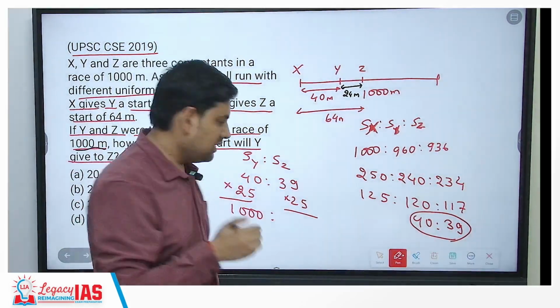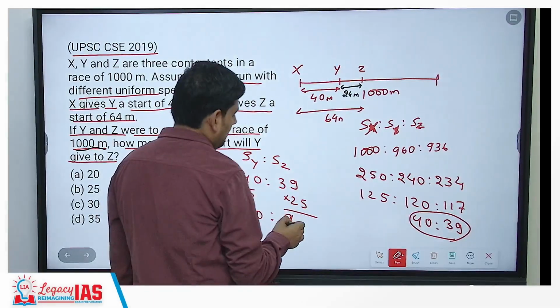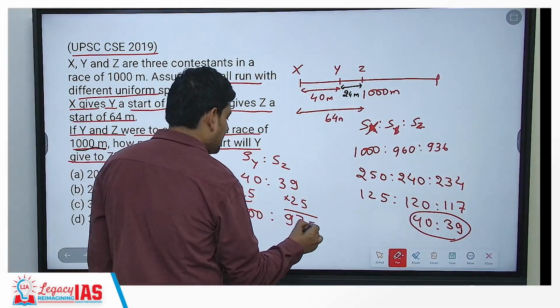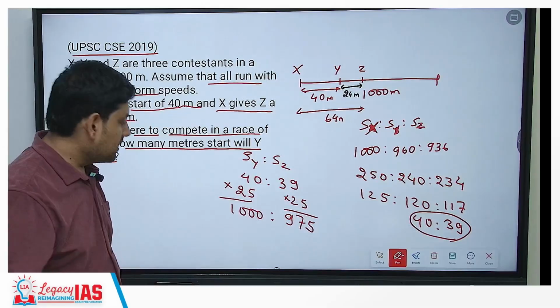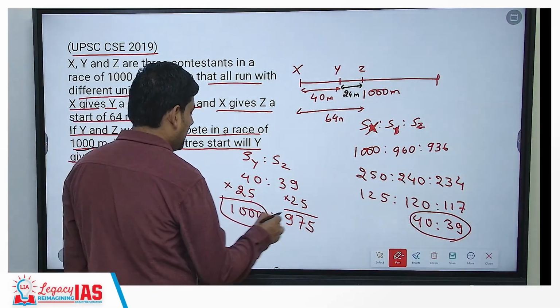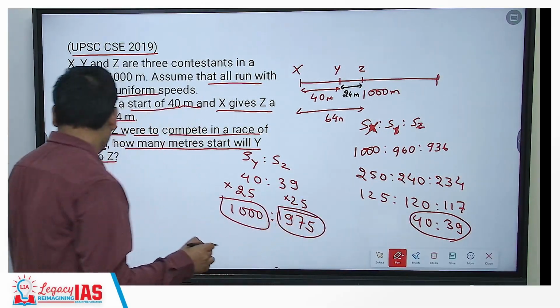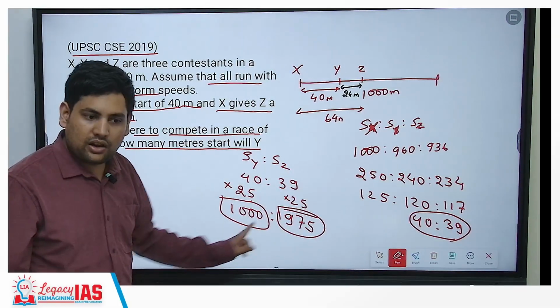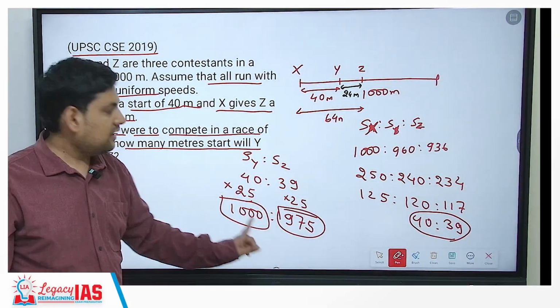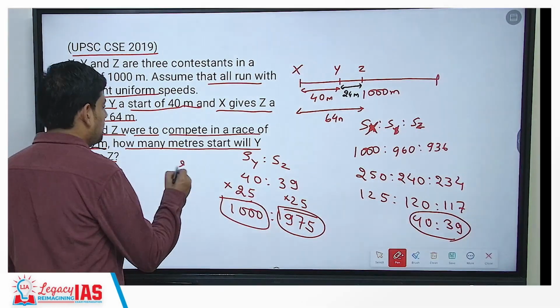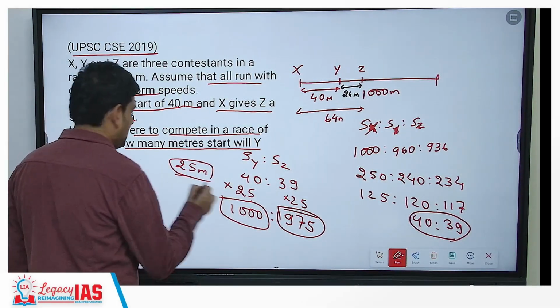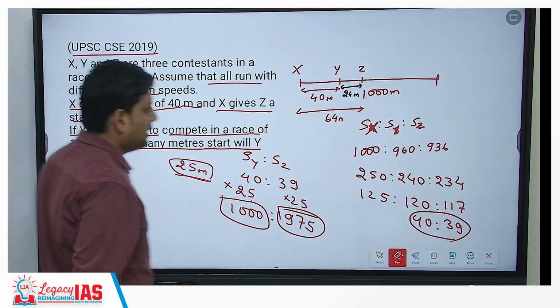Just 25 less, so this will be 975. So what you got? You got 1000 meters and 975 meters. So how much is the start that Y should give to Z? It will come out to be 25 meters. So the answer becomes 25 meters.